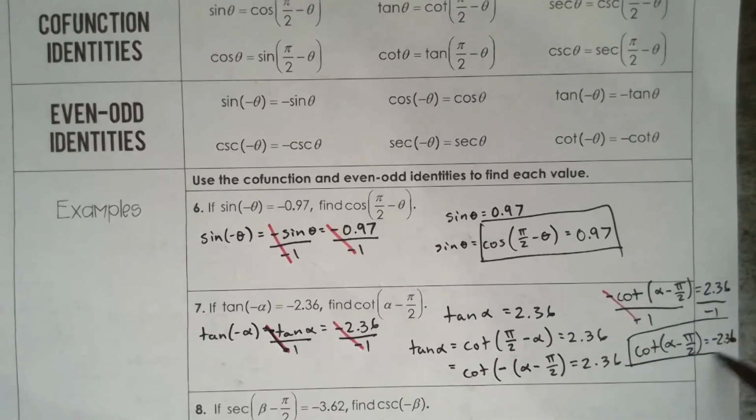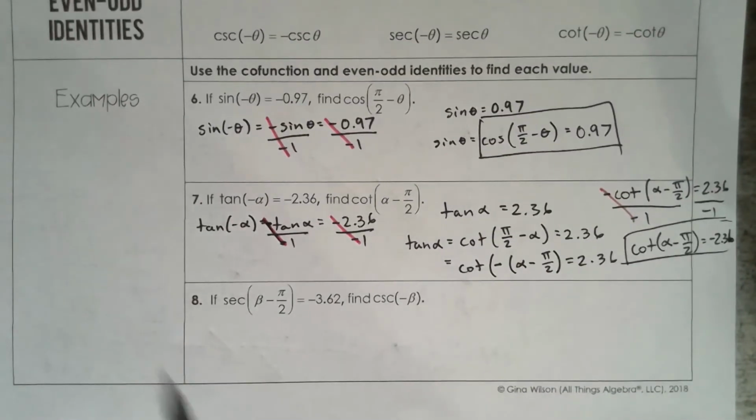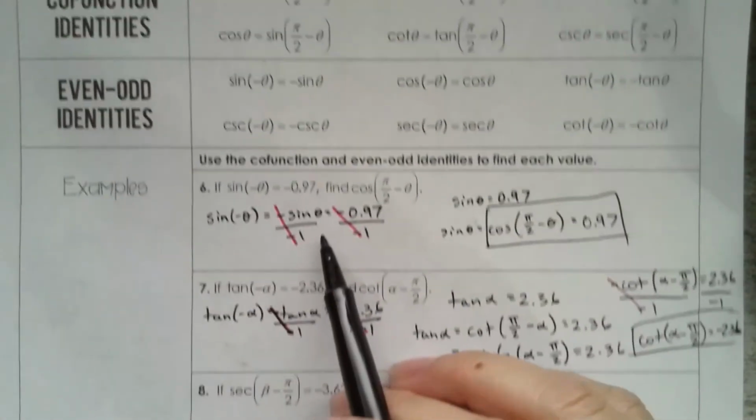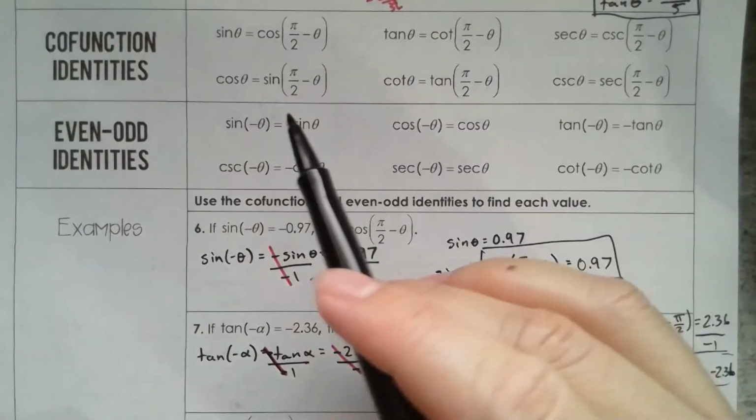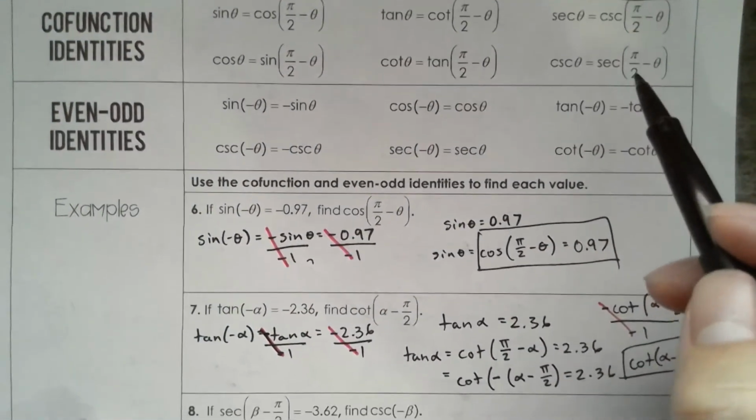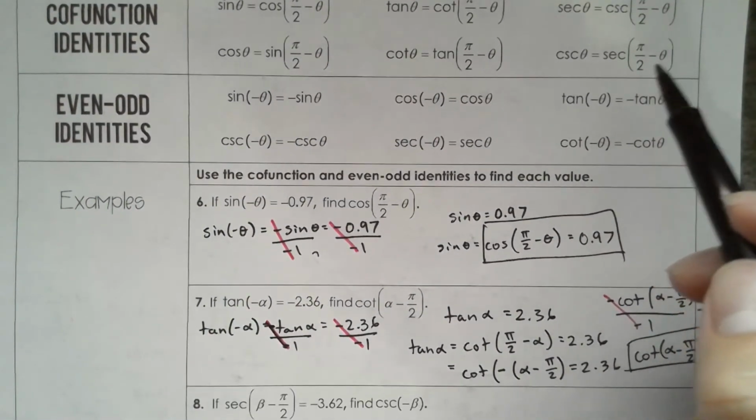Last one. If secant beta minus pi over 2 is equal to negative 3.62, find cosecant of negative beta. Secant, here it is. Secant pi over 2 minus theta is equal to cosecant theta. They want us to find cosecant negative beta.